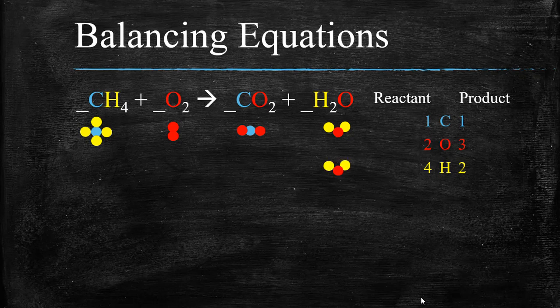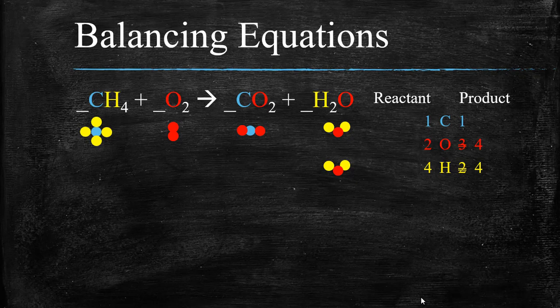So I add another water molecule, and now I count everything up, and I see that I now have 4 hydrogens on the product side, but I now have 4 oxygens on the product side. So now I have my carbon balanced and my hydrogen balanced, but my oxygen isn't balanced.